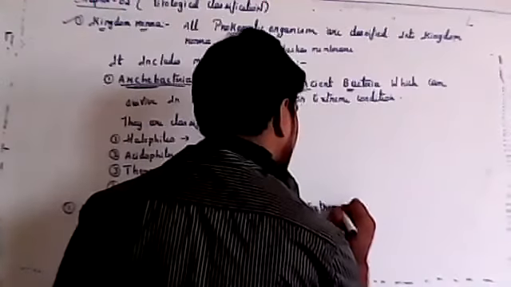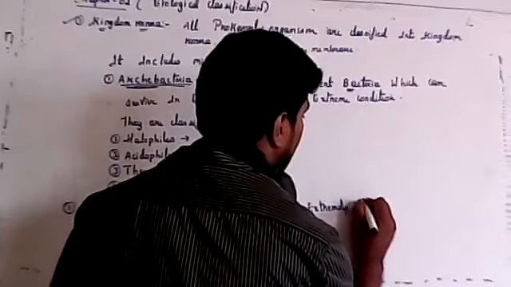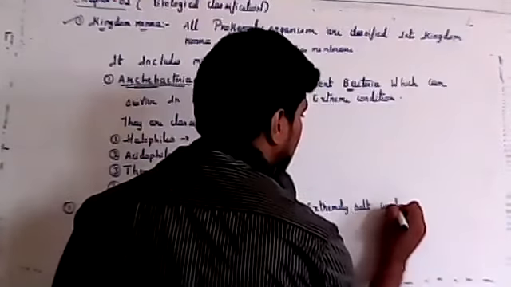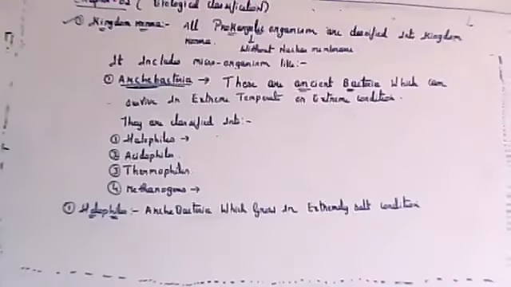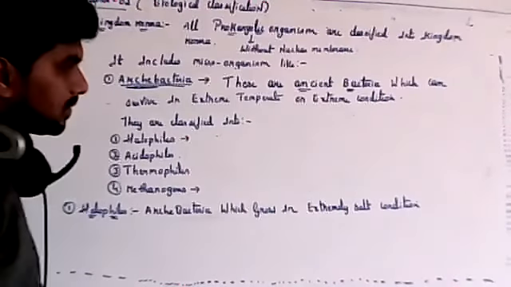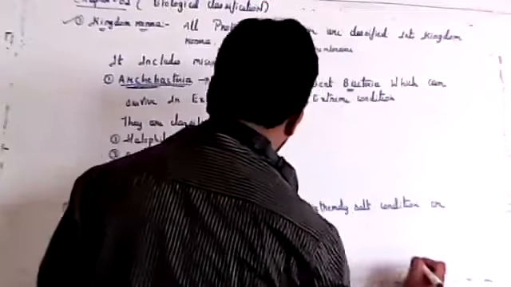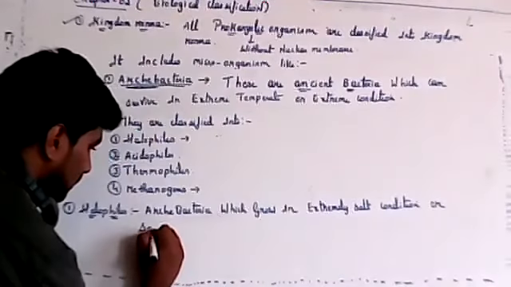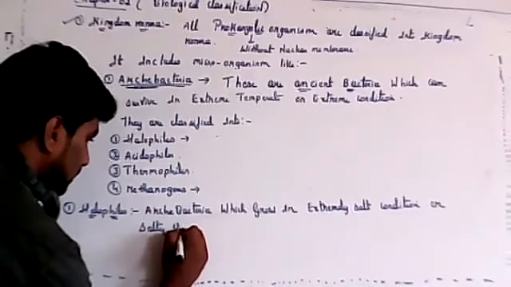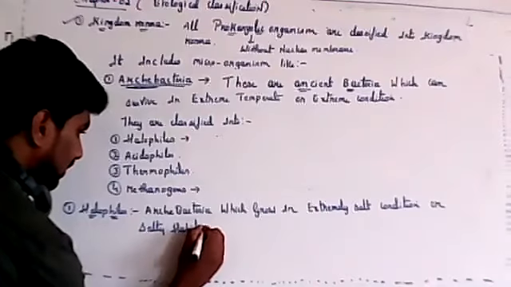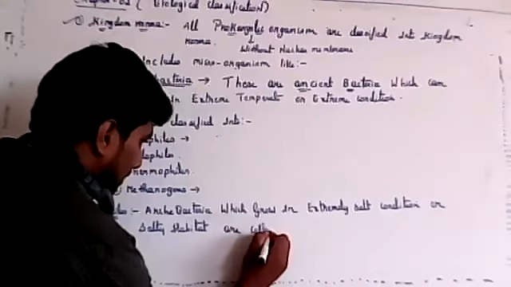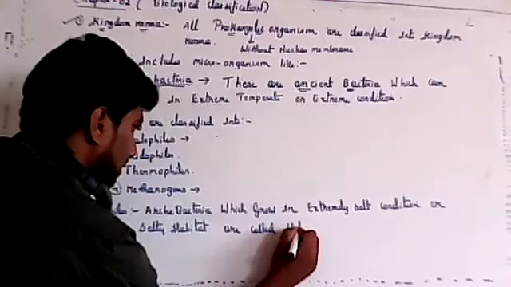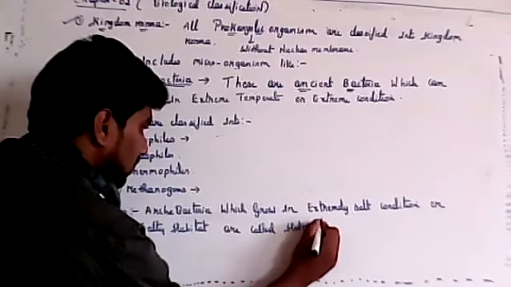They survive in extremely salt condition or salty habitat. These are called halophiles.